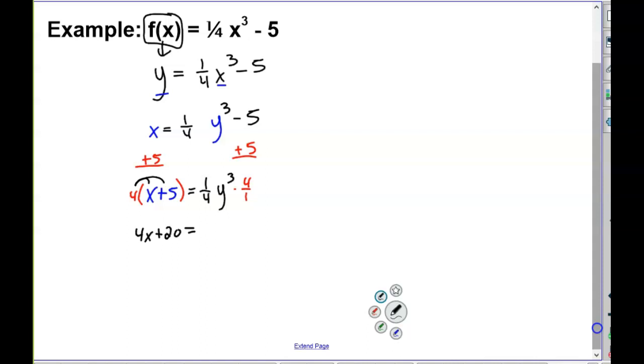If I FOIL, that's friendlier. And then I have y to the third. Well, as we just saw yesterday, to get rid of the third power, we raise it to the 1/3 power.